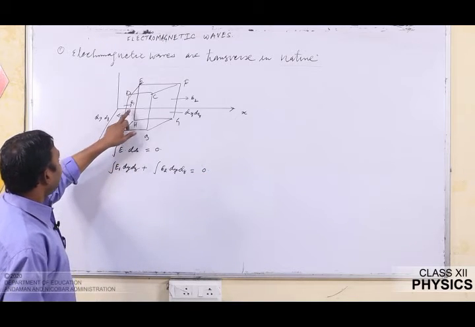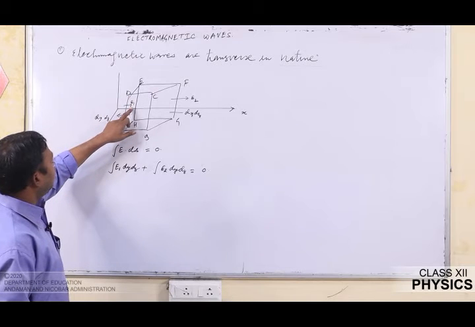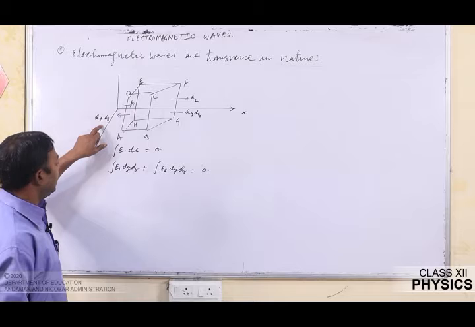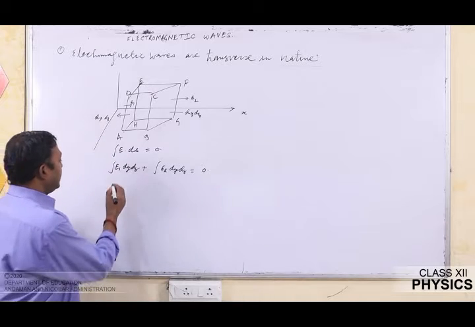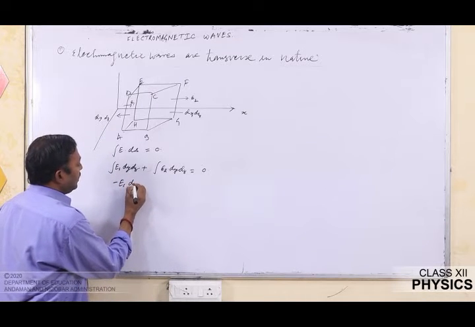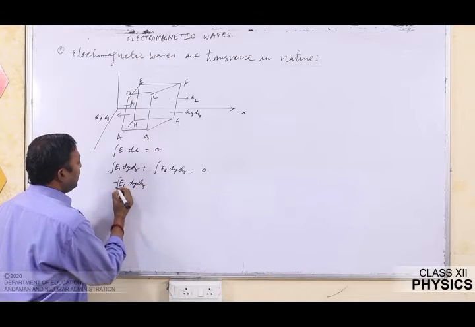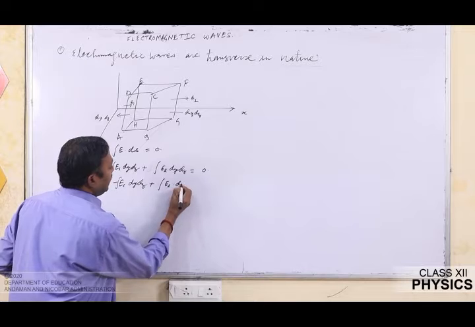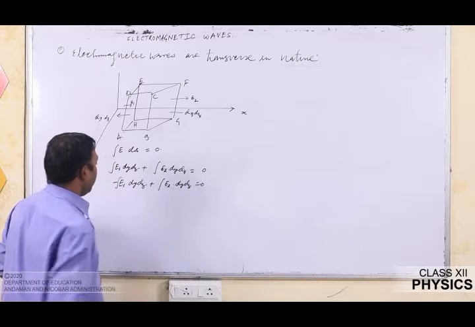Here for the first face, we are seeing that both the electric field as well as the projection vector for the area are acting in opposite directions to each other. Therefore, this can be written as minus E1 dy dz integral, and for this one you can write the same as it is, E2 dy dz is equal to 0.